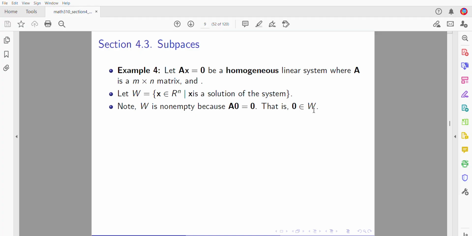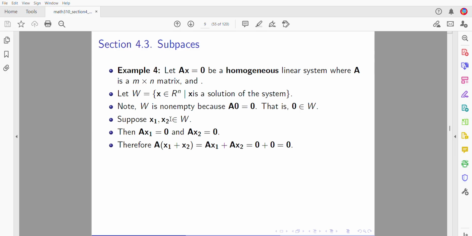W is not empty. Suppose you have x1 and x2, two vectors in W. If they are in W, what does it mean? They solve this particular system: Ax1 is the 0 vector, Ax2 is the 0 vector. So you have two solutions. Now A times (x1 plus x2). Notice I'm adding columns and multiplying by the matrix later.